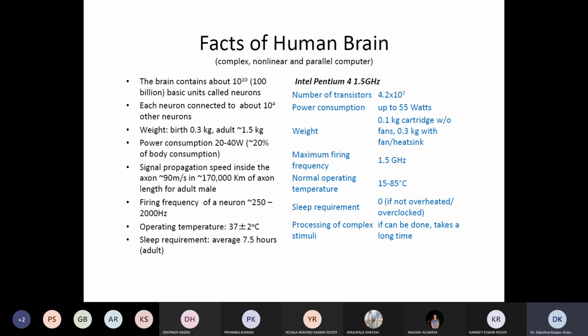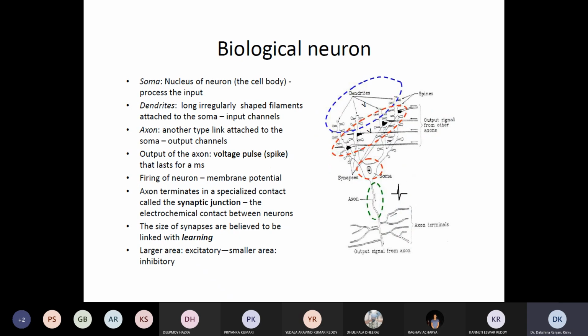Now if I look at the biological neuron, we can see there are some parts which are integrated with the biological neuron. Here we can see the cell body, which is also called the soma. Okay, so this is the nucleus of the neuron. It processes the information, or processes the input.